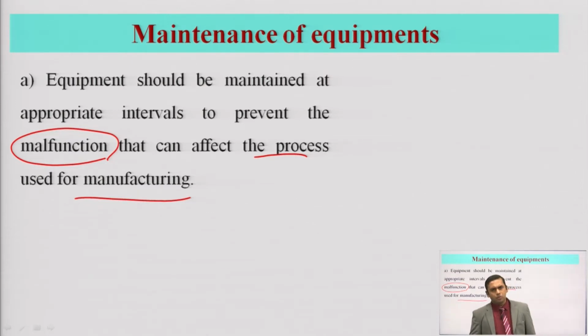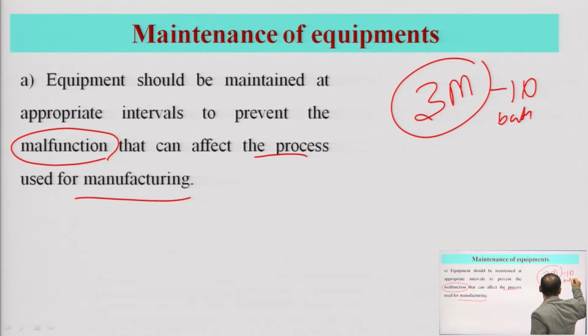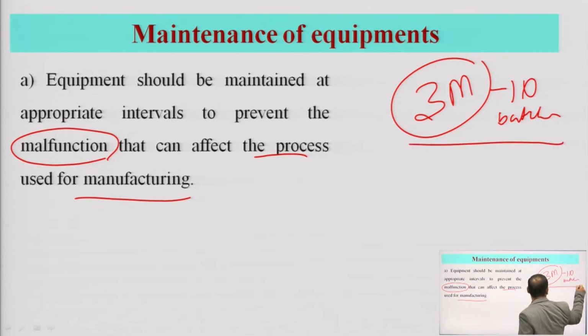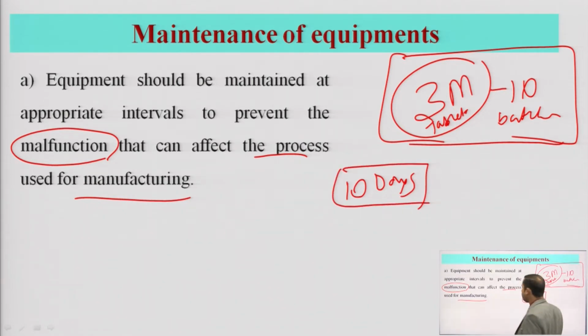For example, in a typical pharma company, they got some consignment of producing 3 million tablets of 10 batches, and they are supposed to deliver that entire consignment, 3 million tablets, within the next 10 days.